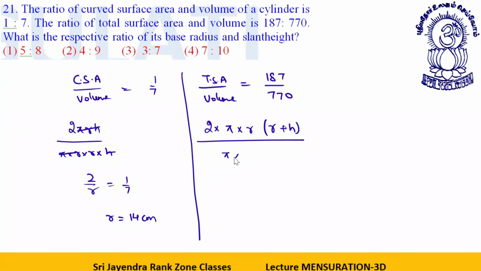Volume is what? Pi into R into R into H, equal to 187 by 770. What is the respective ratio of its base radius and slant height?